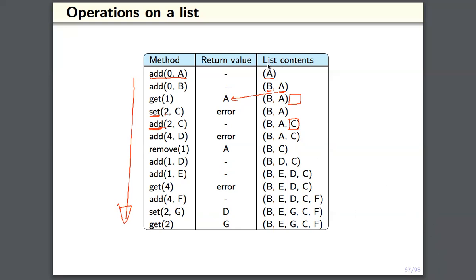Whenever we said list, did we say how it is implemented? No. The methods are these, the return values are these, the list content should be like this. Whether you use an array or a linked list depends on the package and on the programming language.